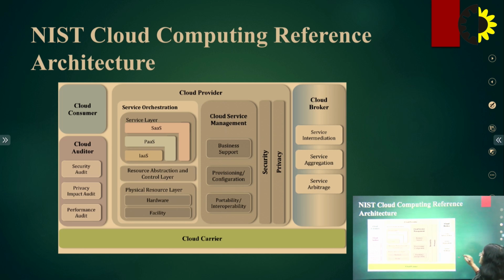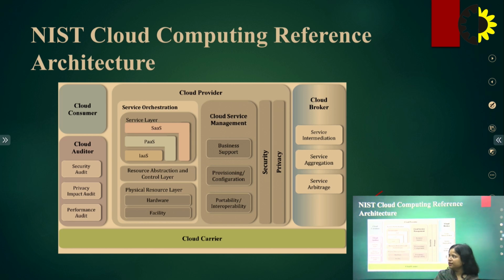So this is the main architecture. In this NIST cloud computing architecture, there are 5 main components. These 5 components are known as the actors. What are actors?